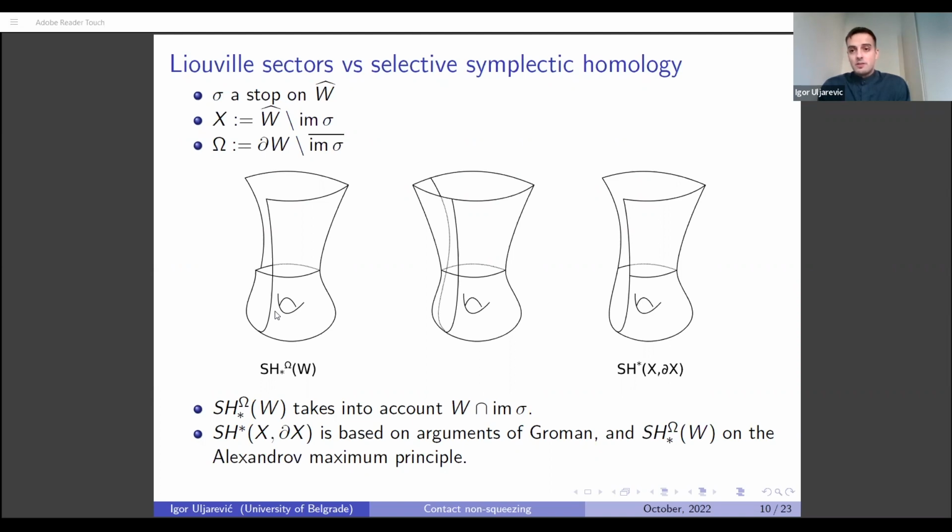Actually it uses it indirectly, because it uses Floer homology for contact Hamiltonians that I'm going to talk about on the next slide, and this Floer homology uses a version of the Alexandrov maximum principle. And finally, the difference that is related to the question Sarah asked shortly ago: selective symplectic homology is defined for any open subset of the boundary, and not necessarily the one obtained by removing a stop.